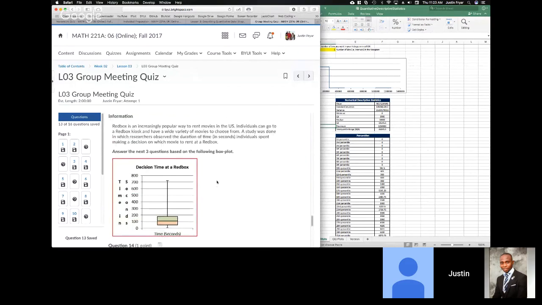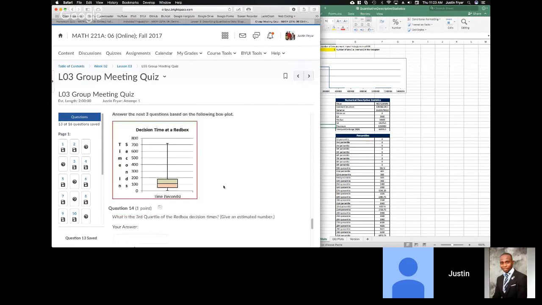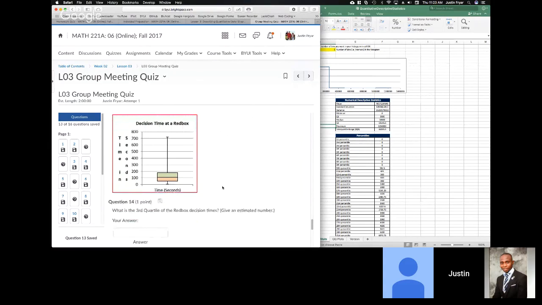Redbox is an increasingly popular way to rent movies in the U.S. Individuals can go to a Redbox kiosk and have a wide variety of movies to choose from. A study was done in which researchers observed the duration of time individuals spent deciding which movie to rent at a Redbox. Okay. That was the third quartile of the Redbox decision test.